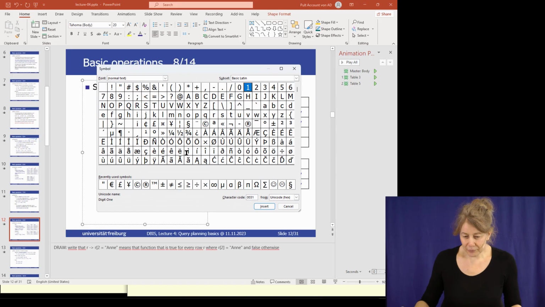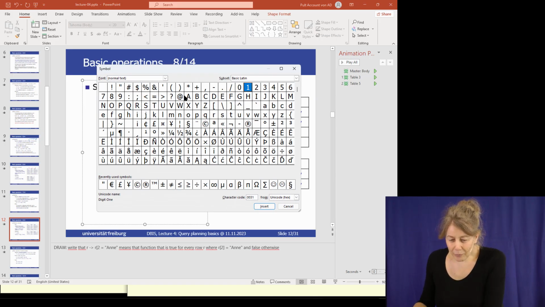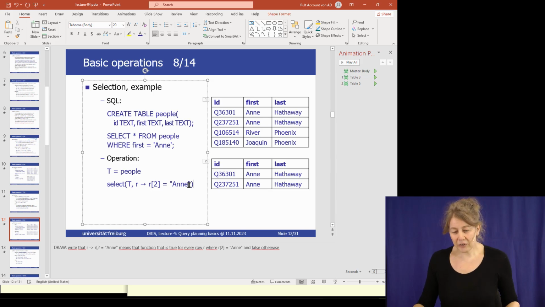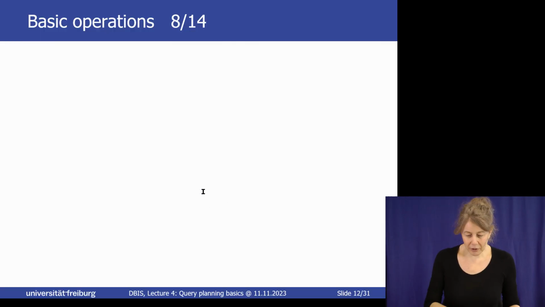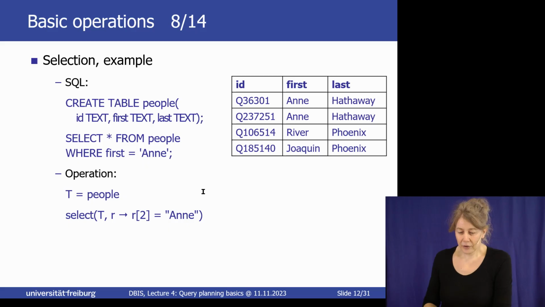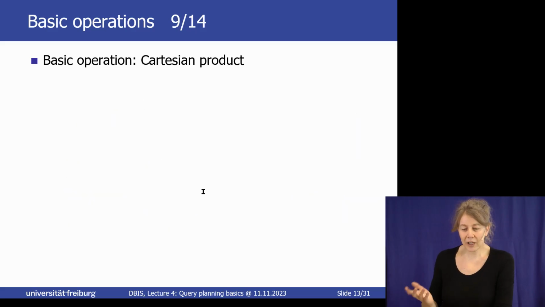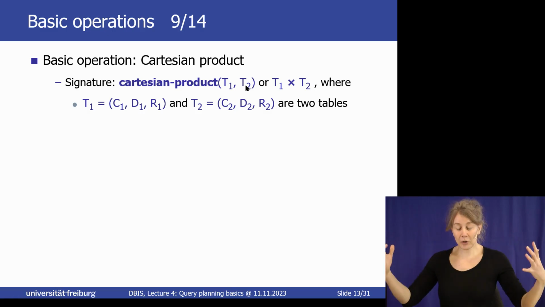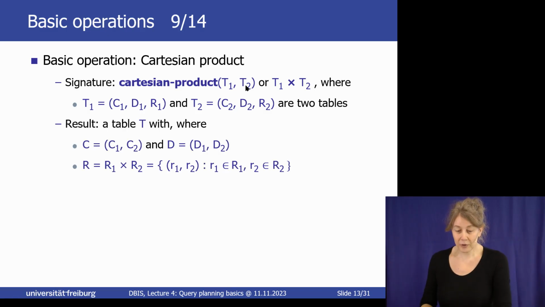My PowerPoint does autocorrection. So these are single quotes, otherwise it will not work. Many systems do that, and this is just our own notation. We can have double quotes here. So that's it. And now the other one is Cartesian product. They should all look familiar from the last time. Cartesian product takes 2 tables, and now you get a table with all combinations of rows, right?